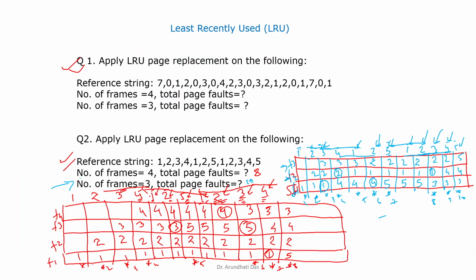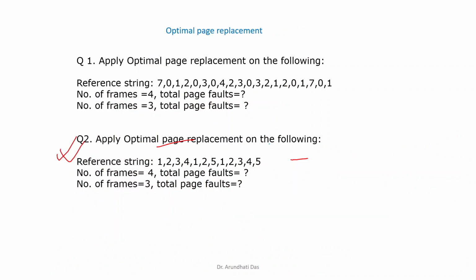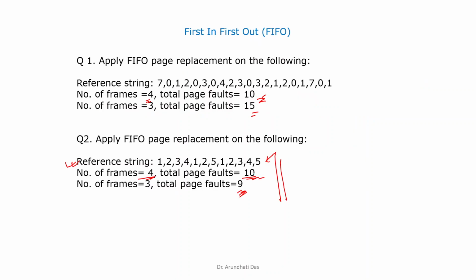Similarly, in the other example also, whenever I have increased the number of frames, the number of page faults are increasing. Okay, so this is one situation where the number of page faults will increase when the number of frames I am reducing. But there are other situations also where you can see when I have reduced the number of frames, the number of page faults are also reducing.